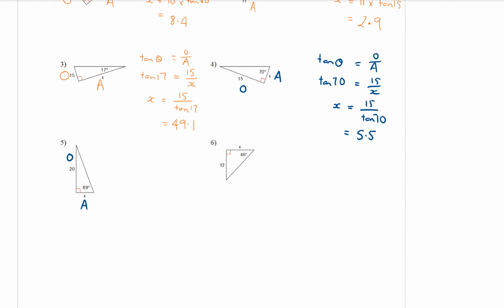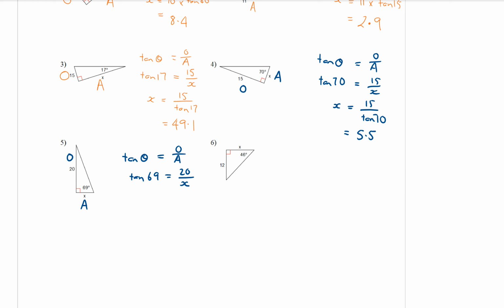So your O should be on the 20. Your X should be on with the A. Okay, write your formula down and sub in. Okay, have you had enough time to do that?